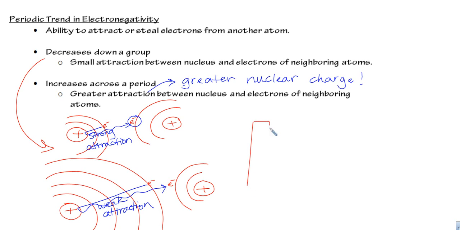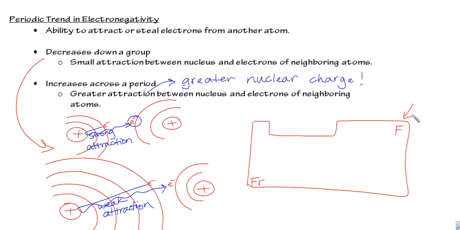So here's a beautiful periodic table. The extremes that we're going to reference are fluorine and francium. Fluorine is the most electronegative element on the entire periodic table.